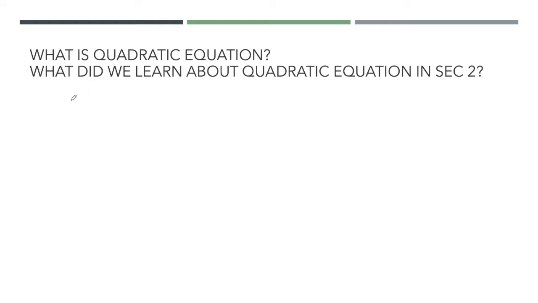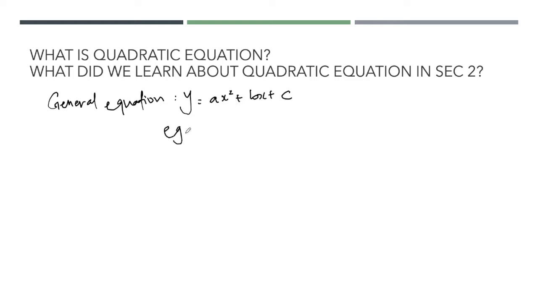So first of all, what does a quadratic equation look like? You need to know the general equation. The general equation will be y equals ax squared plus bx plus c. Of course, it's not restricted to x.